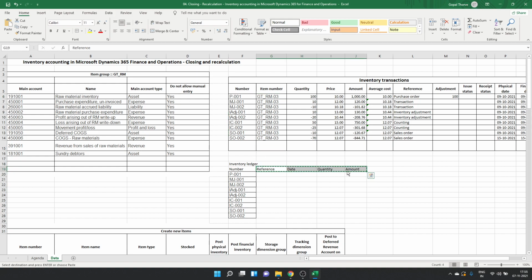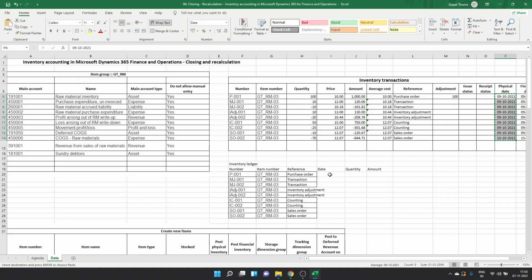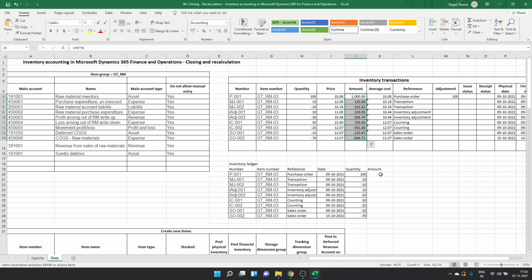One more column I can add for item number. The reference is this, date. Right now physical and financial dates are same for everything. Okay, and the quantity is this, amount. Right now this is the amount.